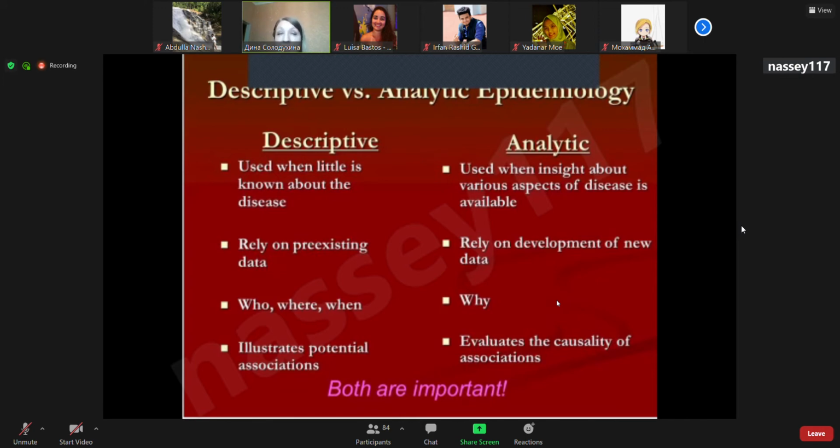And if you want to answer the question, is the disease common in summer or in winter? That's for descriptive epidemiology. If you want to answer the question, who got the disease more, the rural people or the urban people? That's a question for descriptive epidemiology.